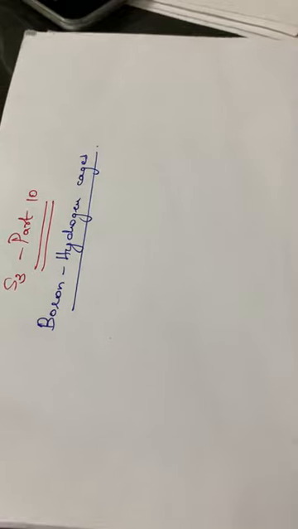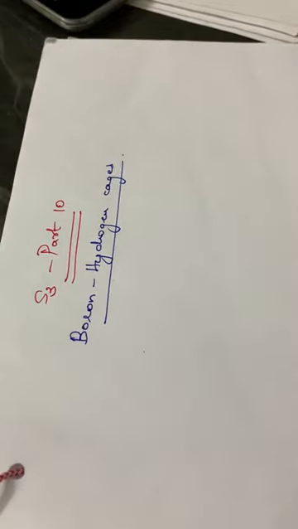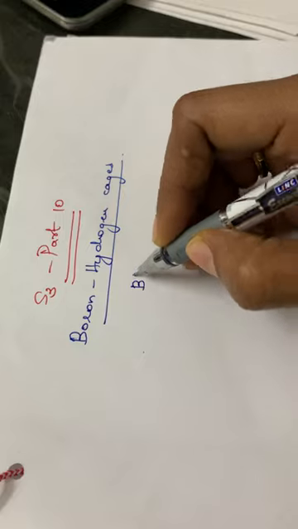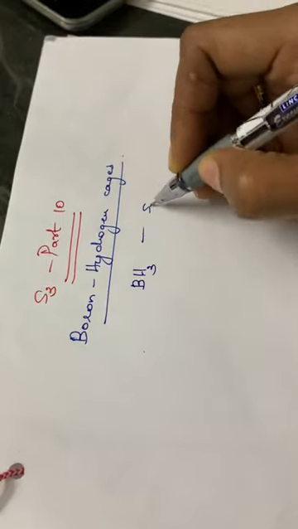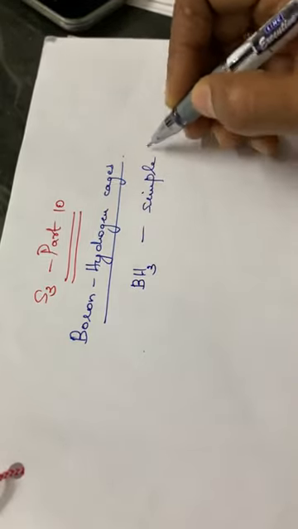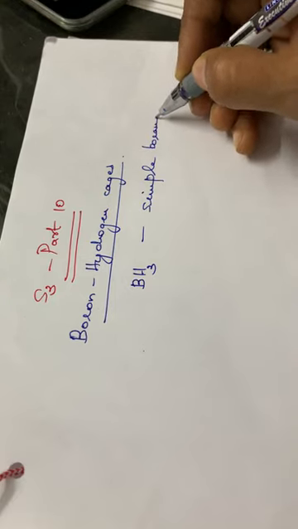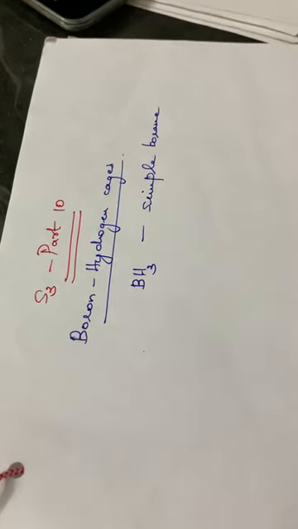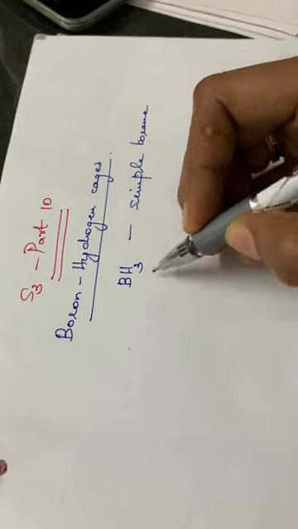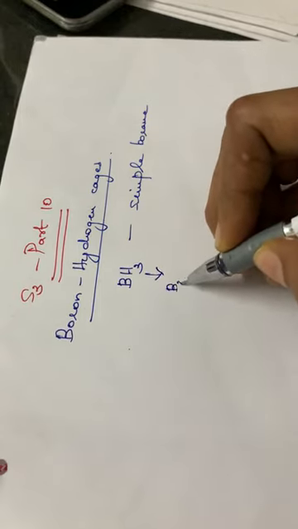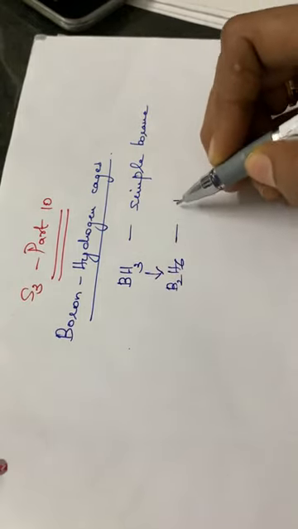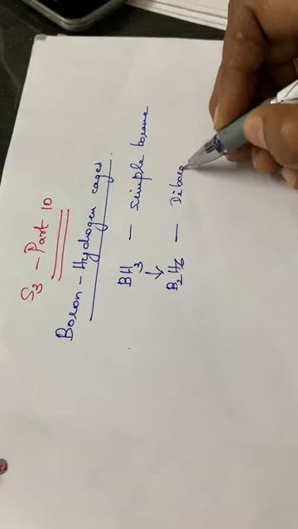Okay. So borane, the simplest borane is BH3. And also see, if this BH3 molecule undergoes dimerization, then it becomes B2H6. That gives our diborane, isn't it?